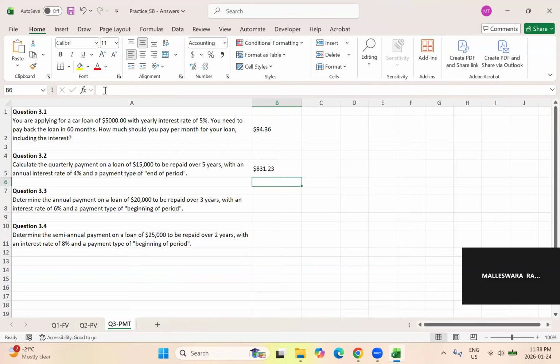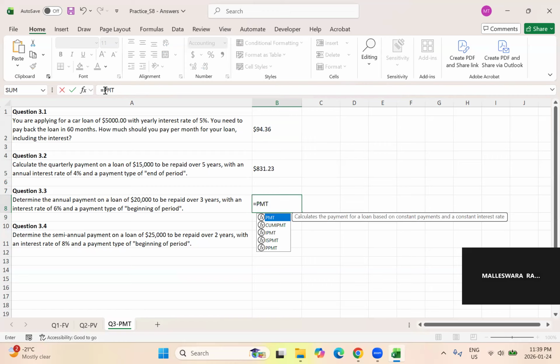Okay, payment. So determine the annual. Okay, the loan money is coming to you and you're making the payment. You can leave it negative sign if you want. Cash the payments. So equal to PMT and determine the loan, the beginning of the period, and the 6% interest rate 0.06.